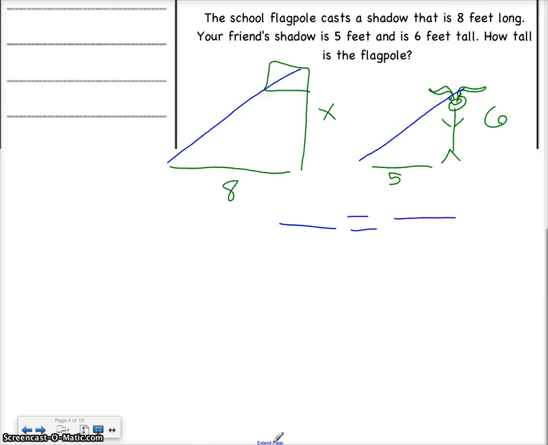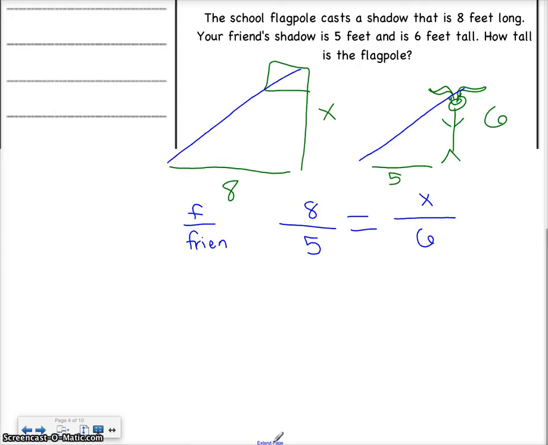however you choose. I'm going to go shadow is to shadow. So 8 is to 5 as x is to 6. So I'm doing flagpole is to friend. You could have gone x is to 8 as 6 is to 5.